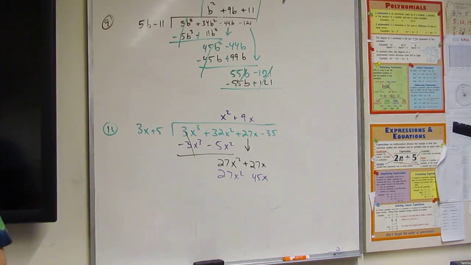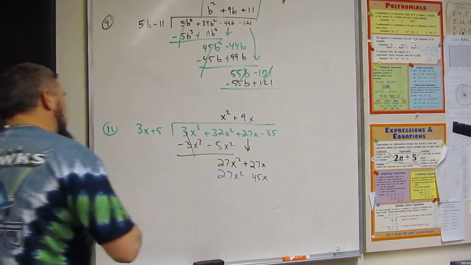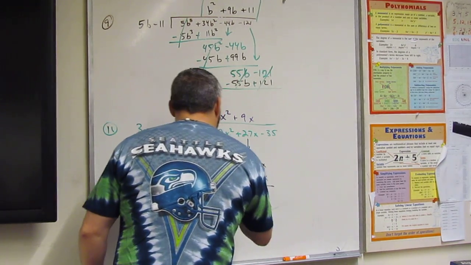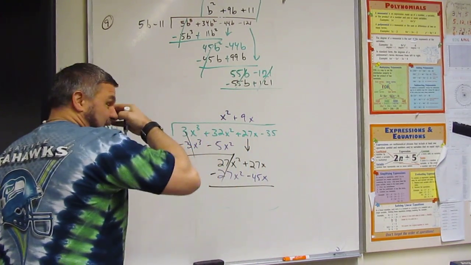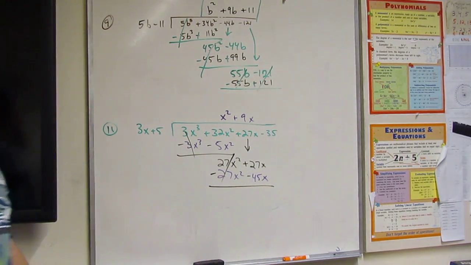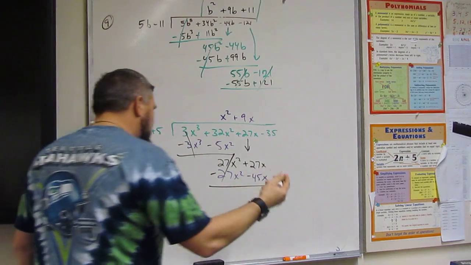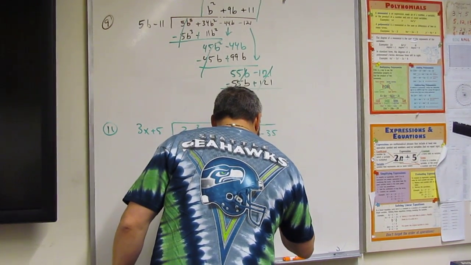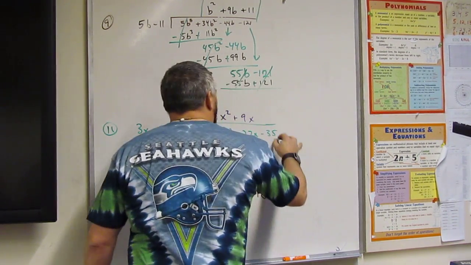So then we draw the line and change the signs, because we got to get rid of them. Now these are different. So 45 and 27, what's the difference between that? Well, it's 3 to 30, and then 15 to 45. So 15 and 3 is 18, negative. And then we bring this down.